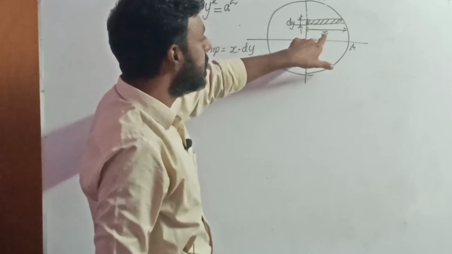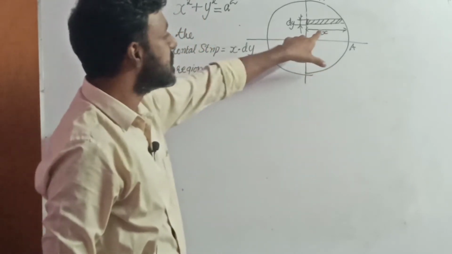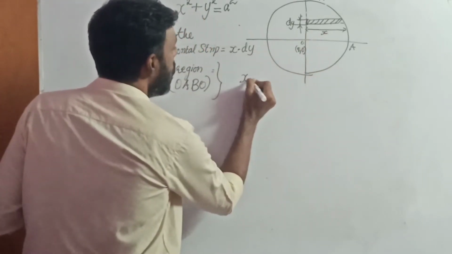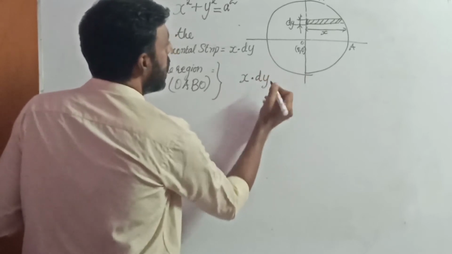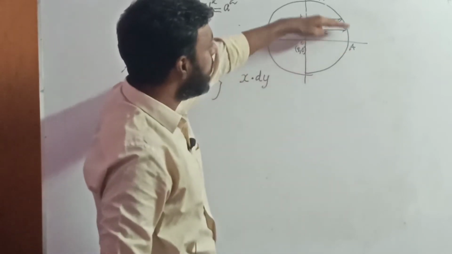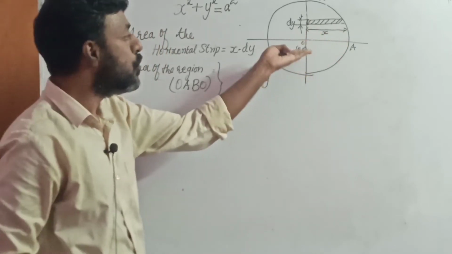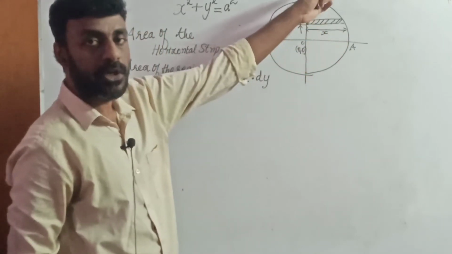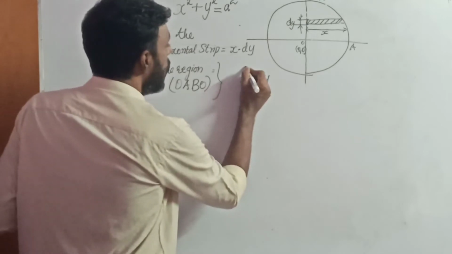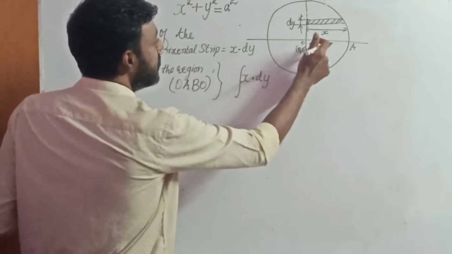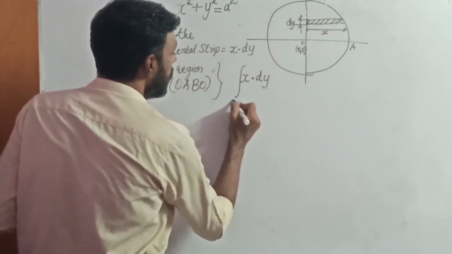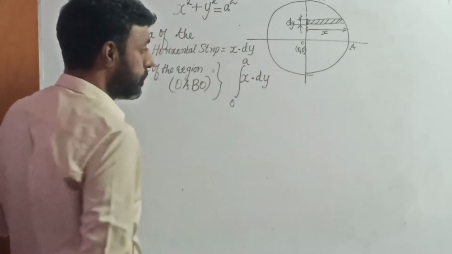This horizontal strip area is x into dy. Now I am going to find the area of this entire region, and this horizontal strip has the ability to move from this point O to the point B. So I'm going to integrate this from 0 to A, 0 to the point A over here, right?